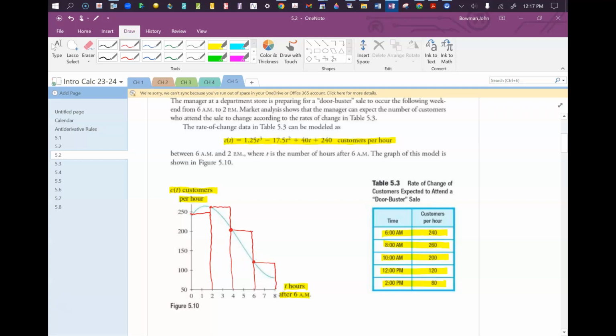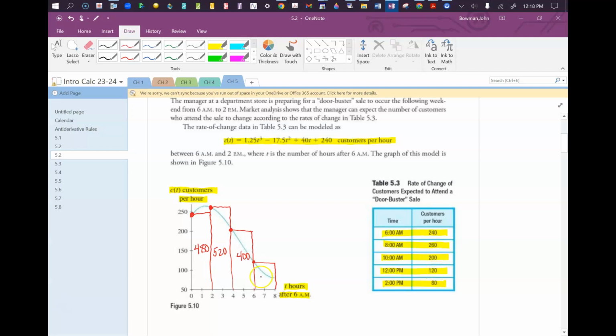From this table, you can see how many customers per hour were at that particular x value. So it gives us the height of the rectangle, and as you know, we can find the area by multiplying the length times the width. So 240 times 2 is going to give us 480. 260 times 2 is going to give us 520. 200 times 2 is going to give us 400.